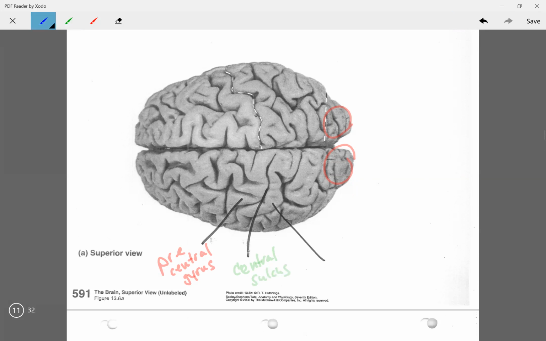The central sulcus and the postcentral gyrus. Okay, I did that in blue because that's your sensory. And then the precentral is motor. All right, you can also see the motor here and the sensory there.